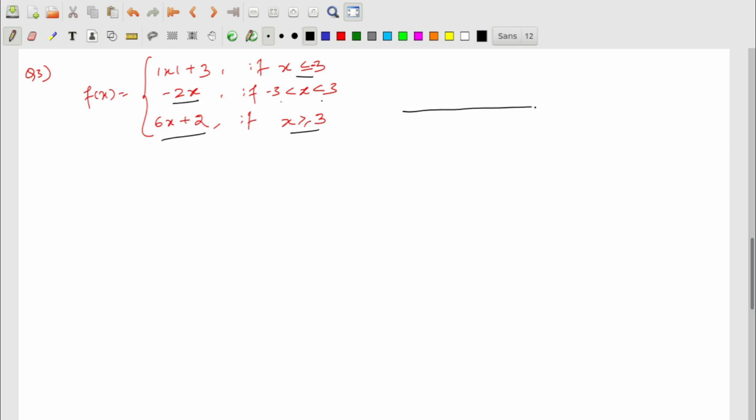So what are the input values, or how is the function changing? What we have here is minus 3 and 3. If x is less than or equal to minus 3, that is including minus 3, the value of the function is mod x plus 3.